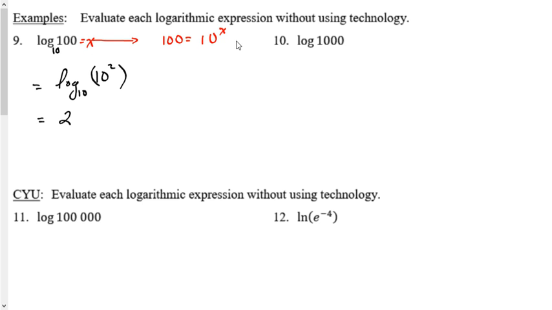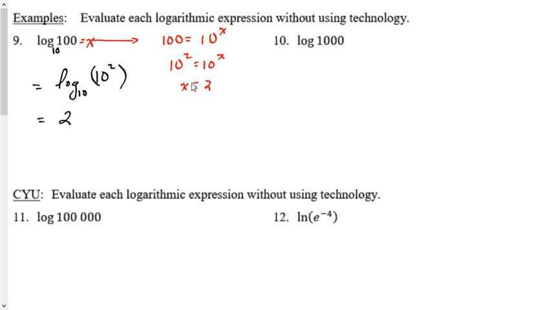Oh, 10 to the x, 100 is 10 squared. So x equals 2. So this is going back to those ideas we previously looked at in the chapter on exponential equations and functions, where we can rewrite both sides as powers of the same base. So we're getting to the same endpoint.